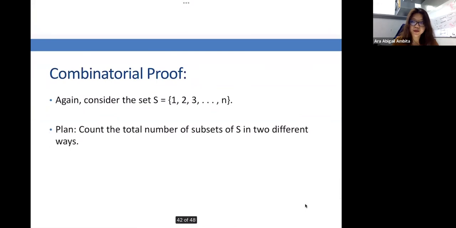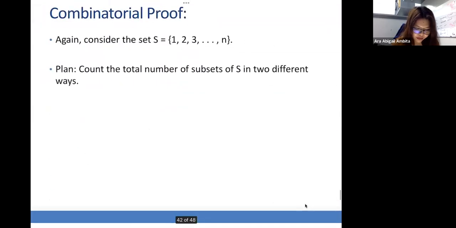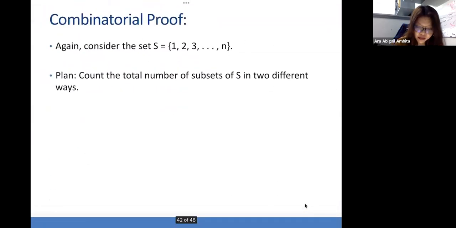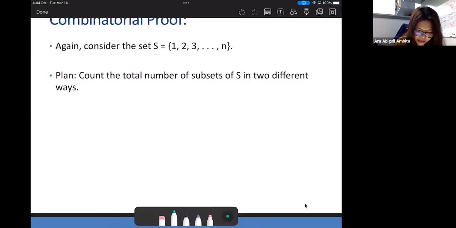So how can we prove this previous statement? Our identity is this, and we want to prove it. Again, let us consider this set S as containing 1, 2, 3 until n. We are going to count the total number of subsets of S in two different ways.